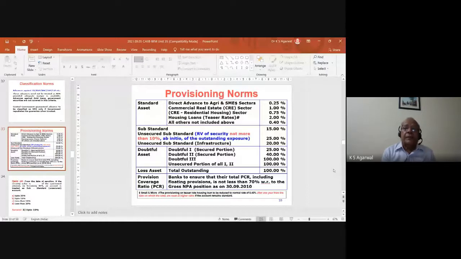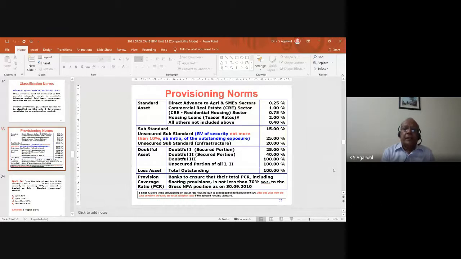What is CRE residential housing? There is some integrated complex where residential apartments are also there, and a shopping complex or cinema or school is also there. The only condition is that my commercial area should not exceed 10% of the total FSI.